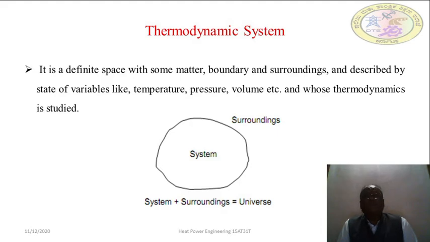A thermodynamic system consists of matter, boundary and surroundings, all together. It's not yet over. A thermodynamic system is a definite space with some matter.